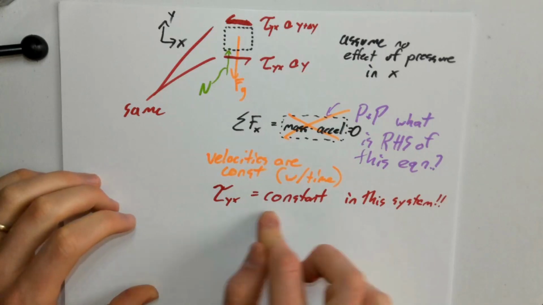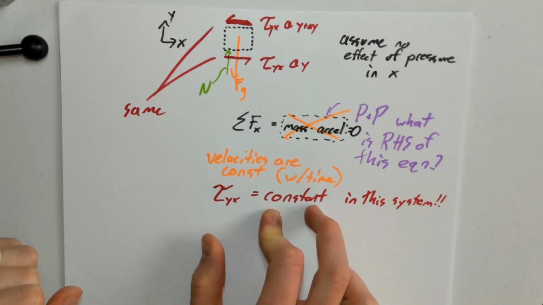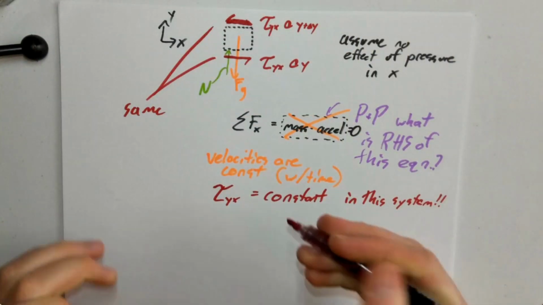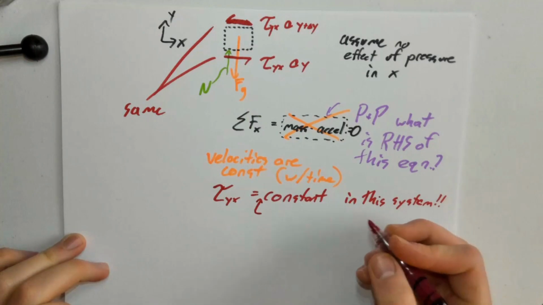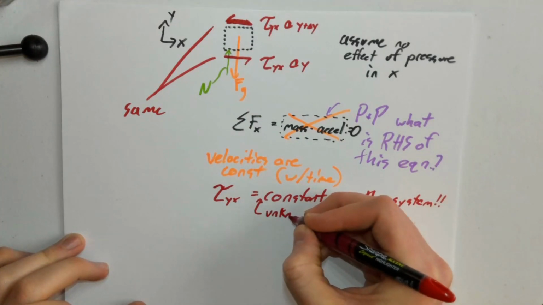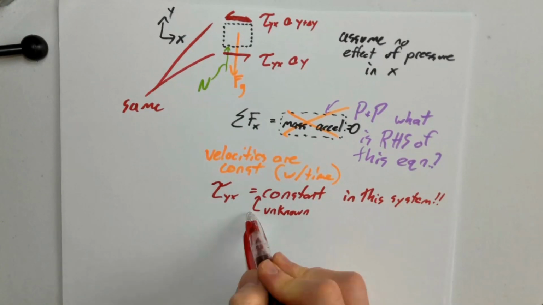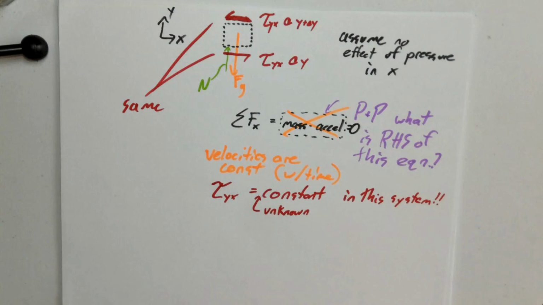So we've concluded that shear stress is a constant, but the tricky thing is we don't necessarily know what it is. It's an as yet unknown constant. But even though it is an as yet unknown constant, we might be able to work some stuff out.